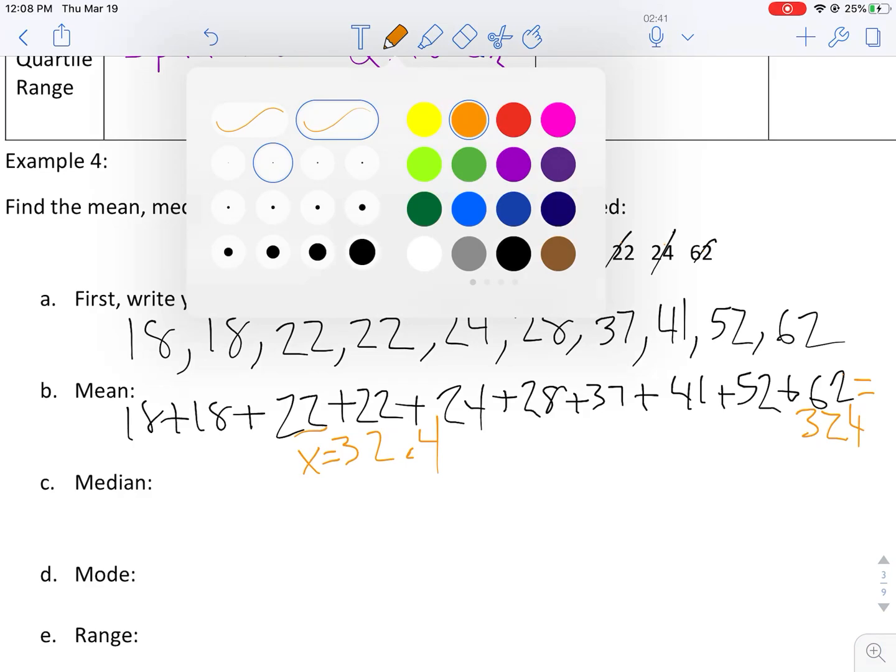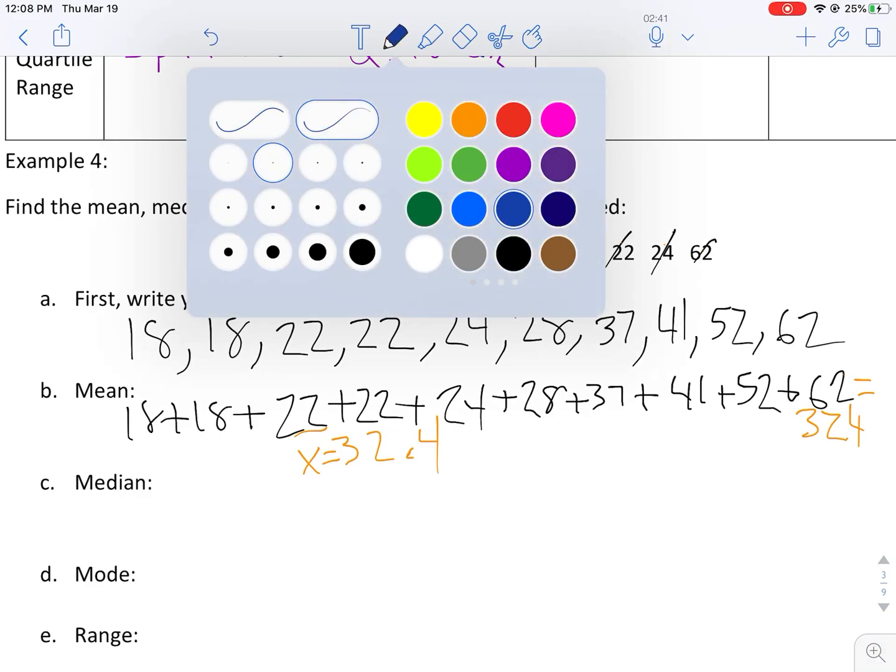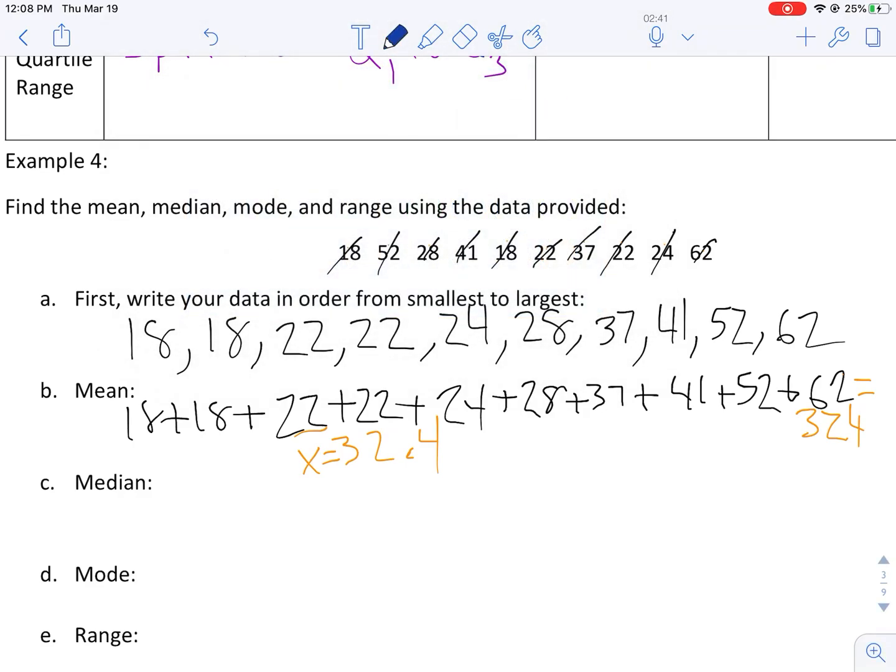The median, again, I'm going to use the values from up here to find it. I'll go in, and there are 2 left in the middle. As you can see, I have 4 crossed off on this side, 4 crossed off on that.